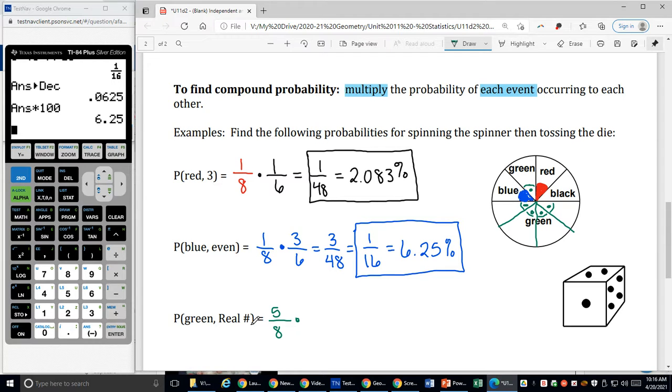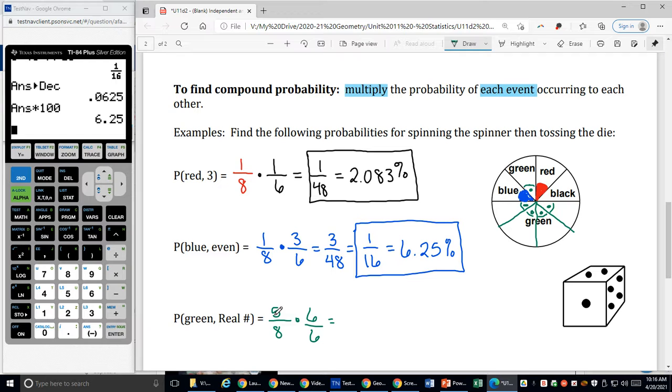Remember from Algebra 2 when we tried to take a square root of a negative number and we'd have to put those little i's? So real numbers are going to be any integers or whole numbers or rational numbers. Those are all real numbers. So all 6, 1, 2, 3, 4, 5, and 6, those are all real numbers. So there's 6 real numbers on the die out of 6 numbers on the die. So definitely I'm going to get a real number, right?